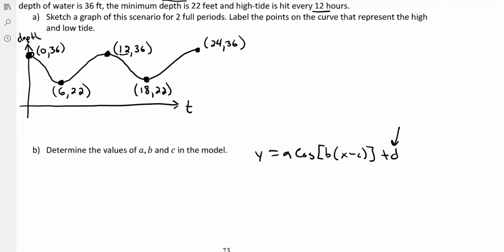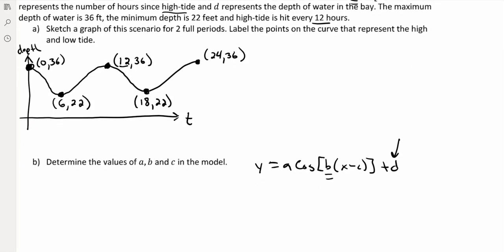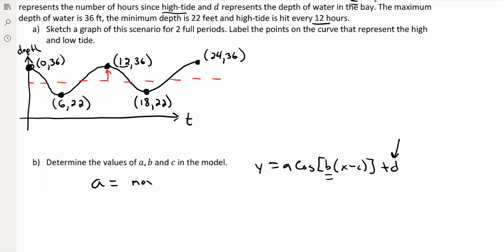So let's find the A and B. Those ones are labeled correctly so far, because that would be our typical B value there. So we'll do A first. Just to remind us what we're looking for here, your A value is the distance from here to here. So this one is just going to be your max minus your min, divided by 2, right?